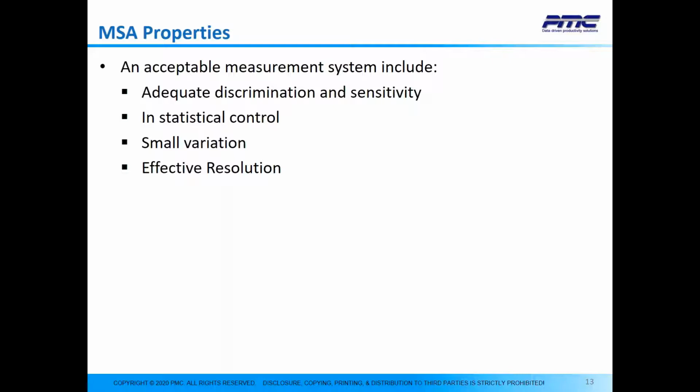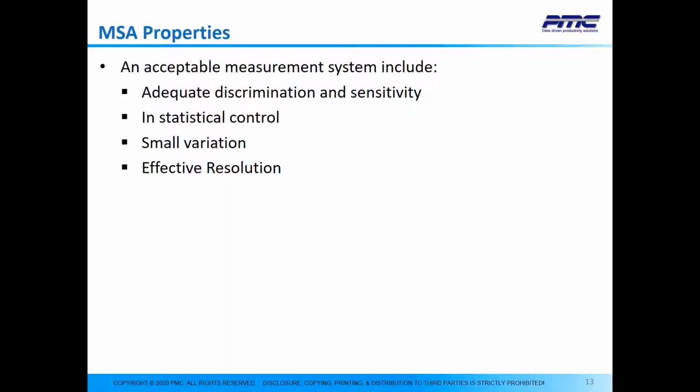Because of that, when we do the gauge studies, there is a discrimination rate that we get from the statistical analysis, and we expect that to be higher than 10. If it is not, then we need to work on the gauge, because we don't accept a gauge with less than 10 discrimination rate.